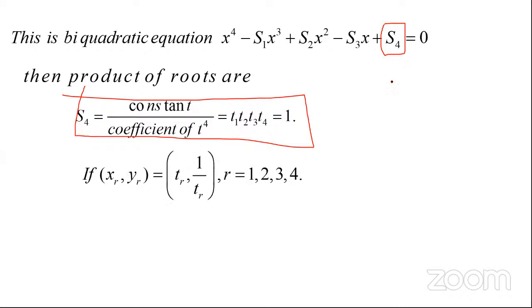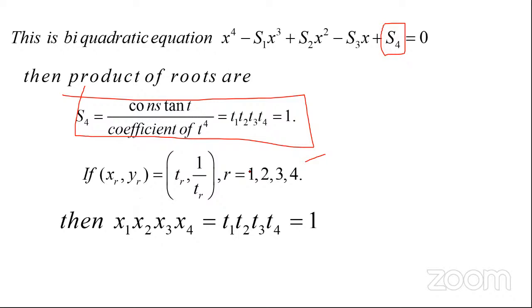So when x1 x2 x3 x4 equal to t1 t2 t3 t4, as we are taking the point of intersection of the circle and the hyperbola, then we'll get t1 t2 t3 t4 equal to 1. Similarly y1 y2 y3 y4 equal to 1 by t1 t2 t3 t4, which is nothing but 1 by 1, which is nothing but 1.